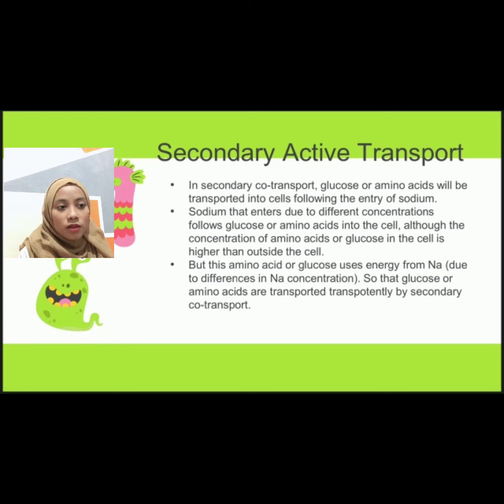Although the concentration of amino acids or glucose in the cell is higher than outside the cell, these amino acids or glucose use energy from Na due to differences in Na concentration, so that glucose or amino acids are transported by secondary co-transport.